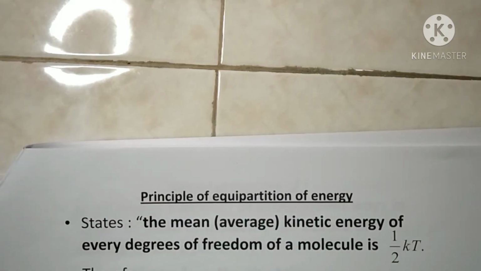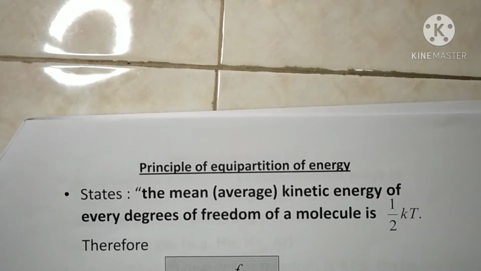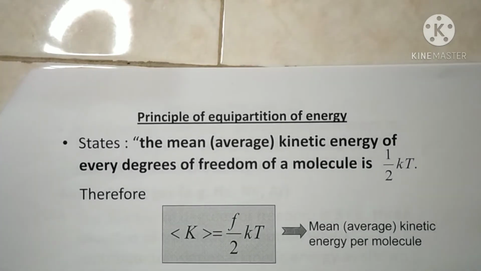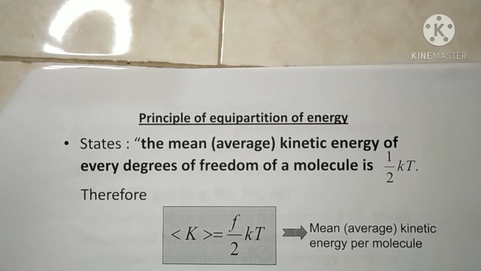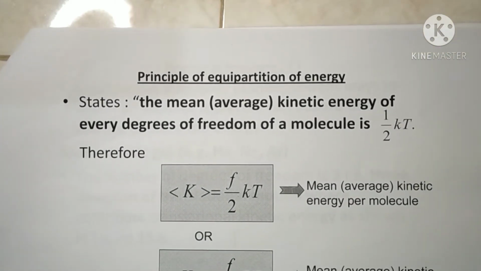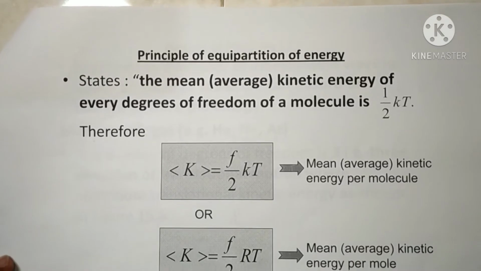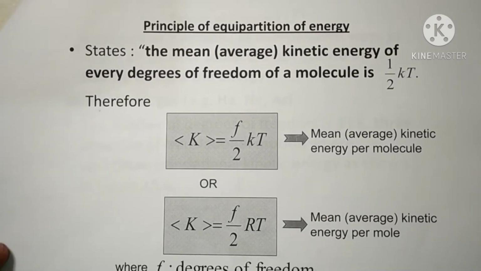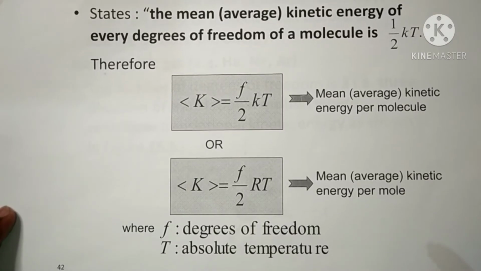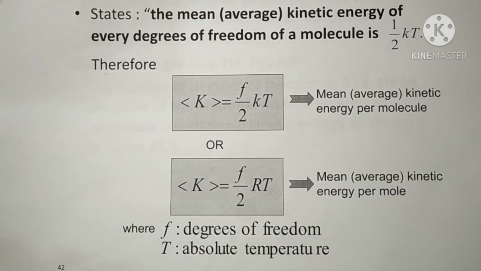Therefore, the mean or average kinetic energy per molecule is equal to f over 2 kT, or the mean or average kinetic energy per mole is equal to f over 2 RT, where f is the degrees of freedom and T is the absolute temperature.